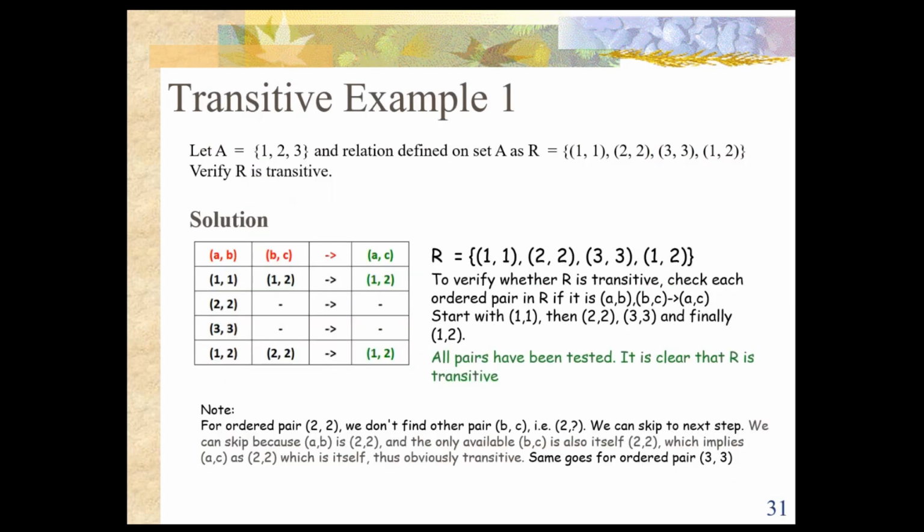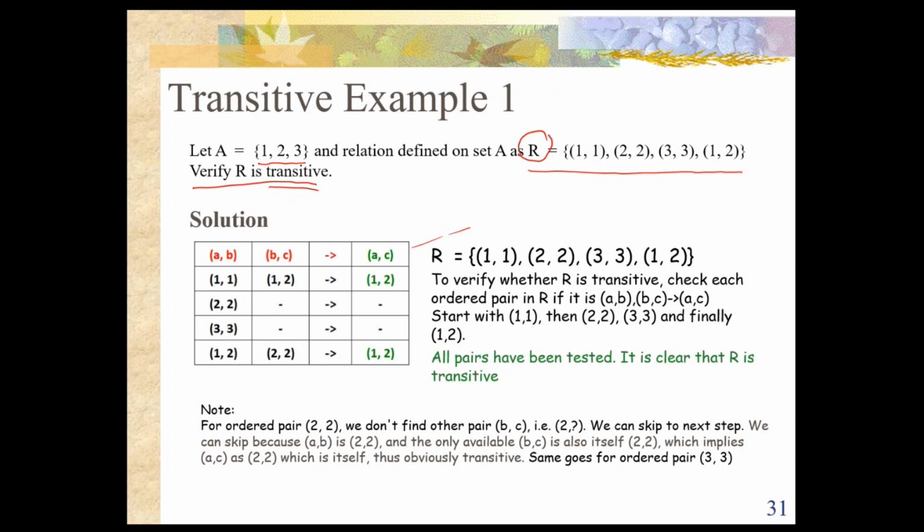Okay, this is a transitive example. Now, when you are given this question, the keyword here is that you need to be able to verify if the relation is transitive. So look out for the relation. The relation here is (1,1), (2,2), (3,3), and (1,2), and it is from the set A. So we only need this information.